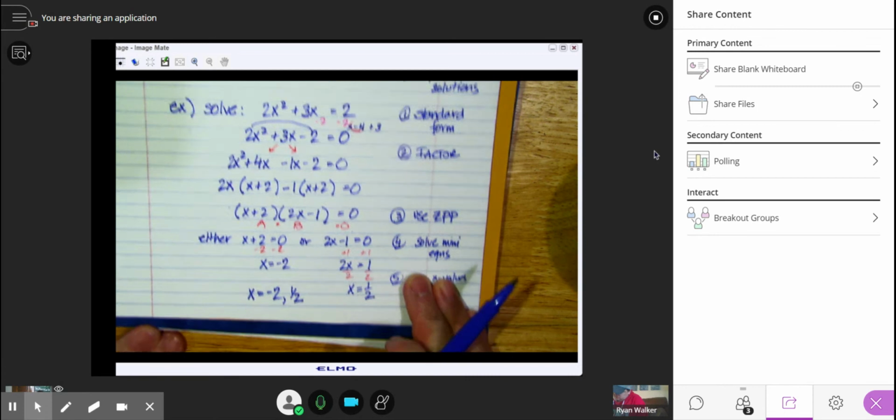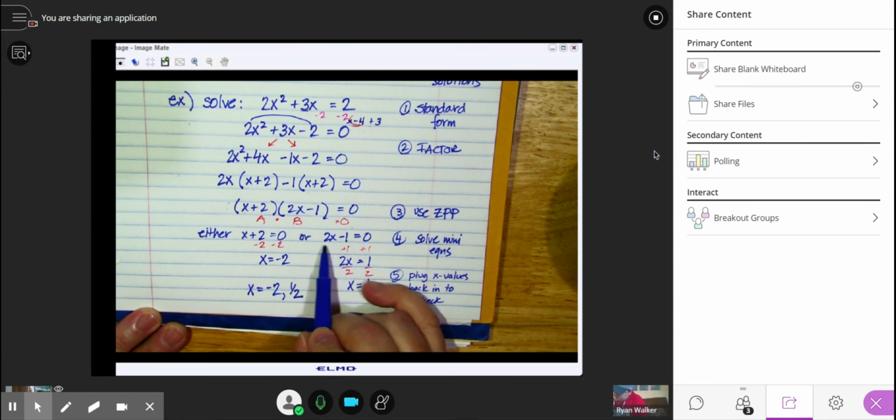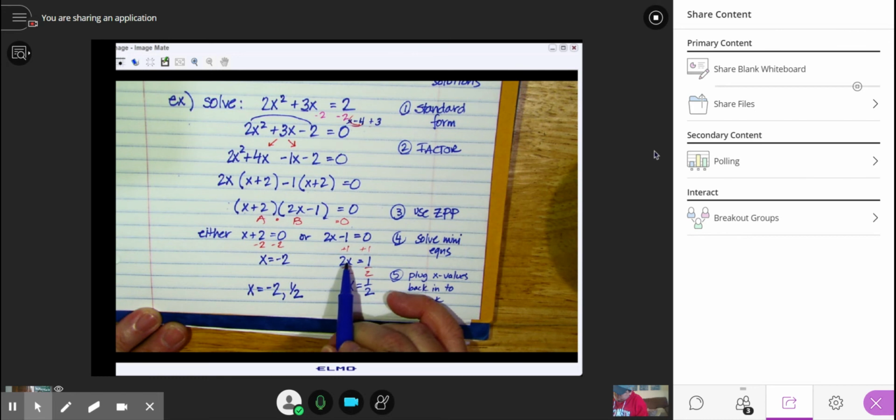Oh, my second factor was 2x minus 1. So if I let 2x minus 1 equal 0, then I have to add 1 to both sides and divide both sides by 2. 1 divided by 2 is 1/2.